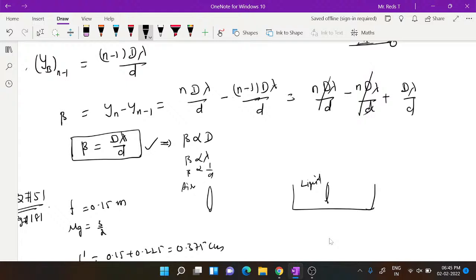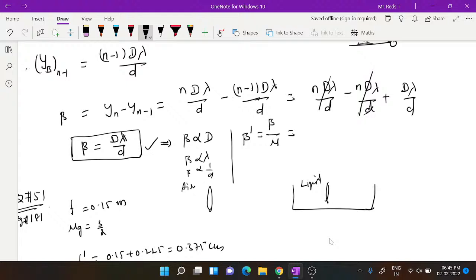If this entire setup is simply immersed in a liquid having refractive index mu, then the fringe width in a liquid or in a medium can be expressed as beta dash, which is equal to beta in air medium, or beta naught, divided by mu.